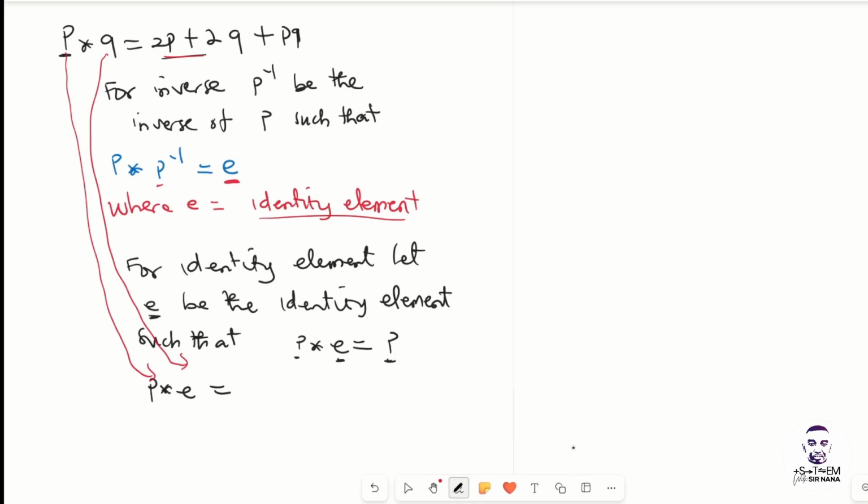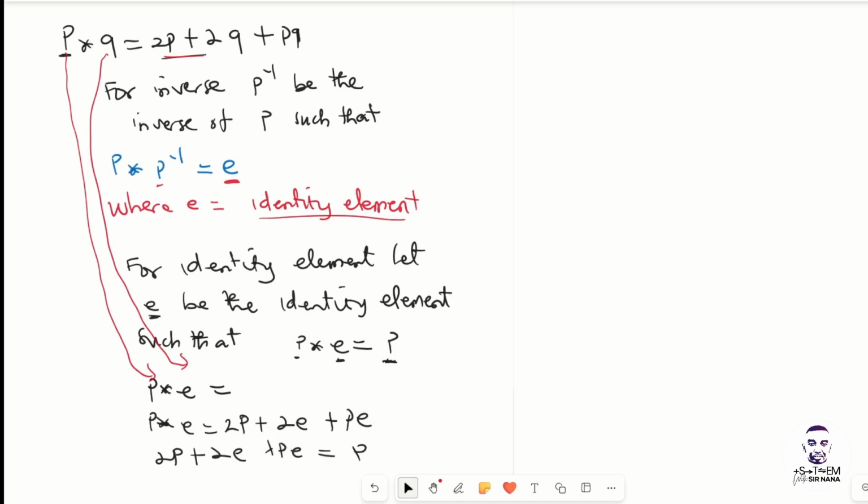So P operation E becomes 2P plus 2E plus PE. And we know that P operation E is equal to P here. So we'll have 2P plus 2E plus PE equal to P.